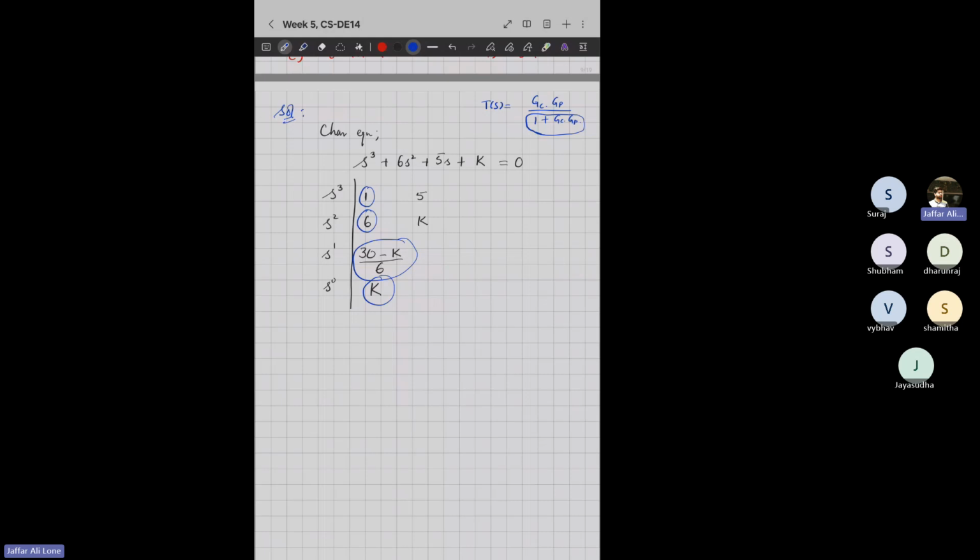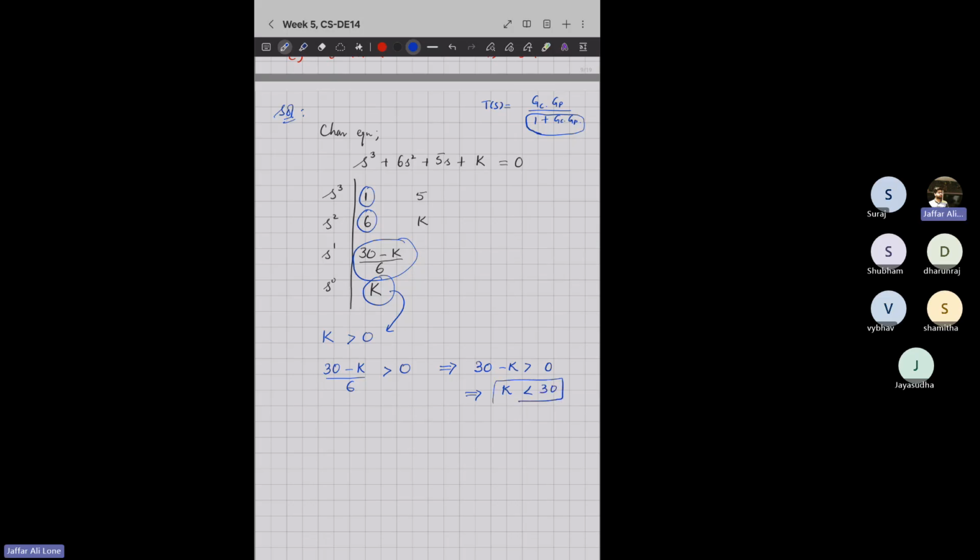So K should be greater than 0, first of all, and (30 minus K) divided by 6 should also be greater than 0, which implies 30 minus K is greater than 0, which implies K is less than 30.